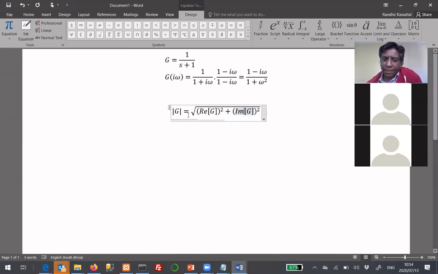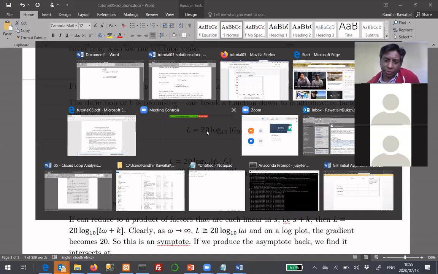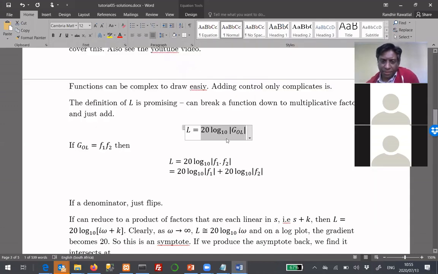So we can easily get the magnitude of G in this way. And according to the log modulus, all we then have to do is take the log to the base 10 and multiply that by 20. So there's no hidden operation here. This is straightforward: take the magnitude and process it in this particular way.